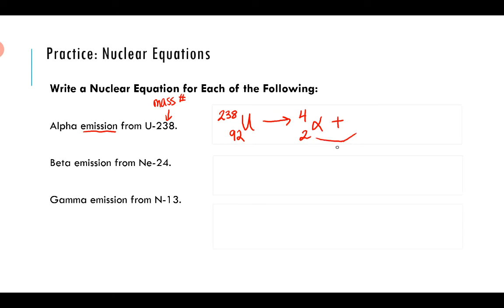These two are going to add up to become 92, and my mass number needs to add up to become 238. So 238 minus 4 is 234. And then my atomic number would be 90. Atomic number 90 is thorium.